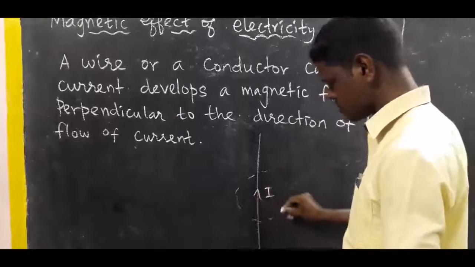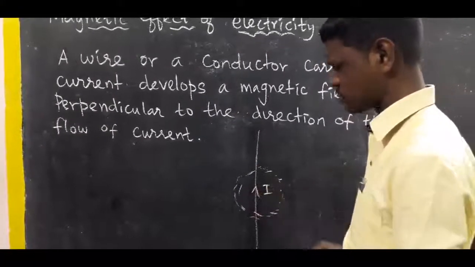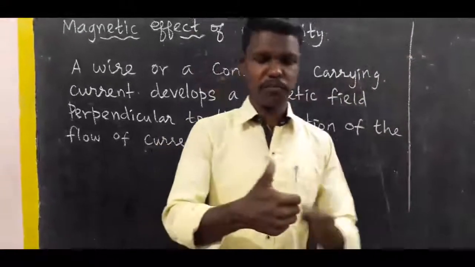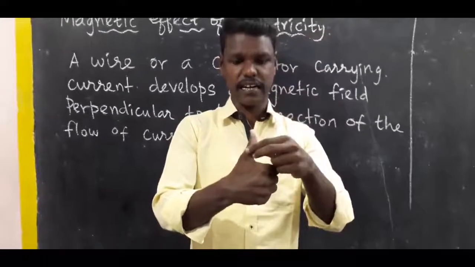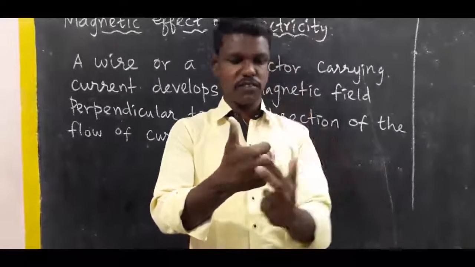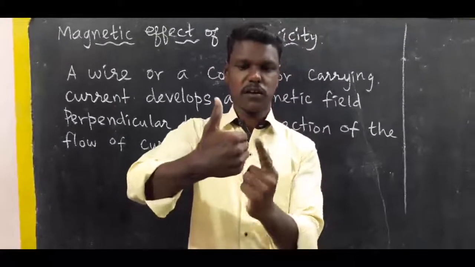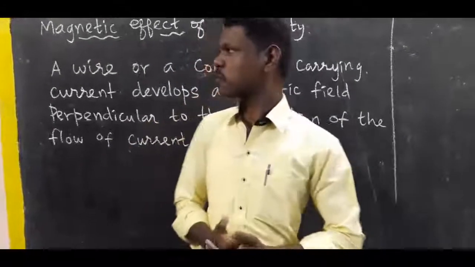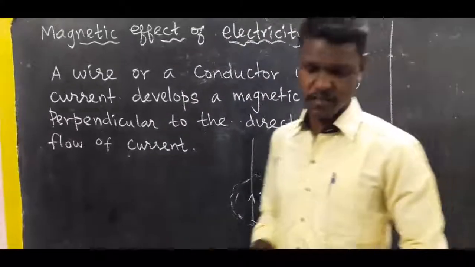Magnetic lines, concentric circles, are produced. That is the magnetic field. So this kind of curved shape is the magnetic line. This magnetic effect of electricity was introduced by the scientist.